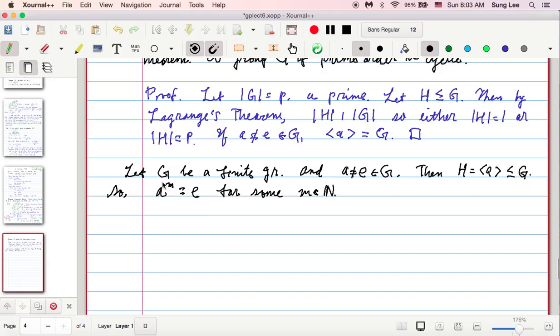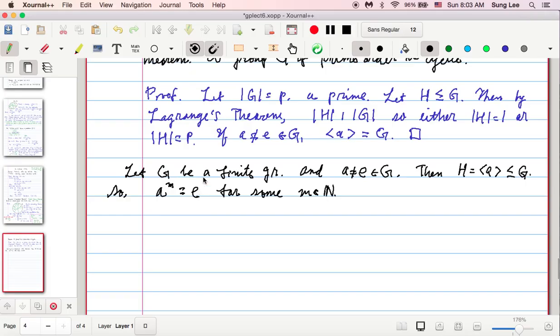But there are infinitely many such integers which make a to the power m equals e, because it keeps repeating. This is a cyclic group, so it keeps repeating. So there are infinitely many such exponents that make a to the power m equals e.